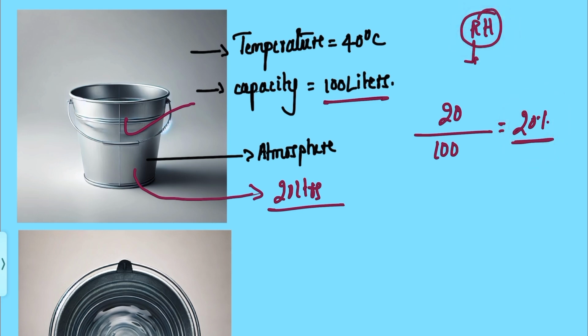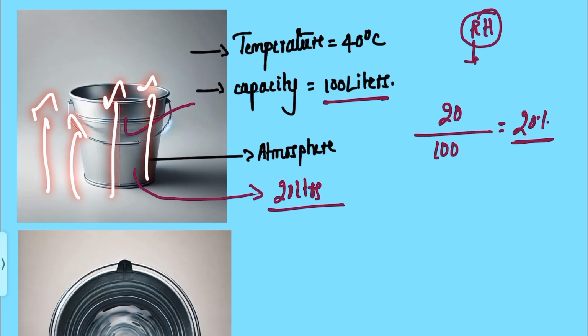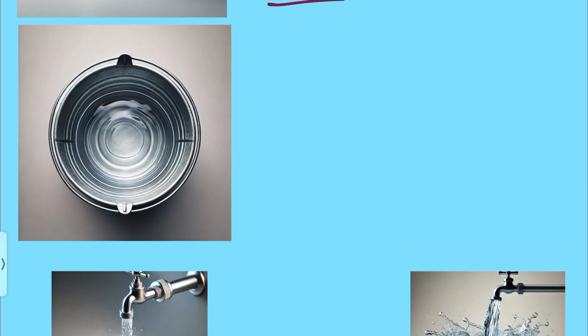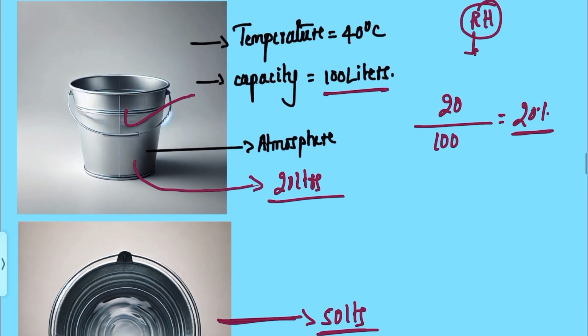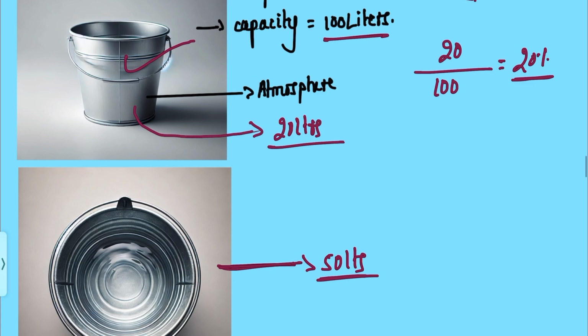Let's say because of evaporation, the amount of moisture increases in this air. Now what happens? Because of moisture added to the atmosphere, now this atmosphere has around 50 liters of water. Now whether relative humidity increased or not, what is the current amount of moisture in this atmosphere? It is 50 liters.